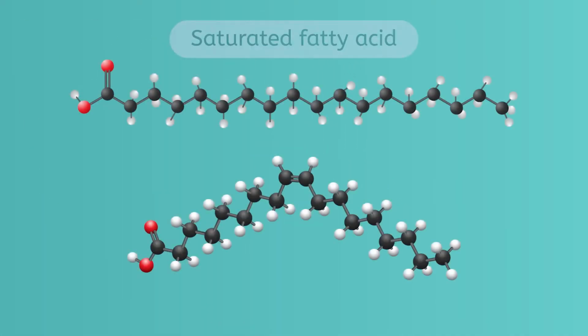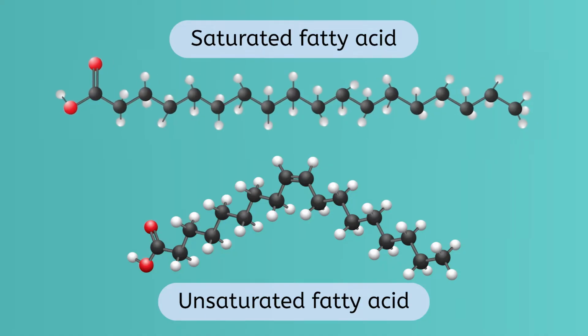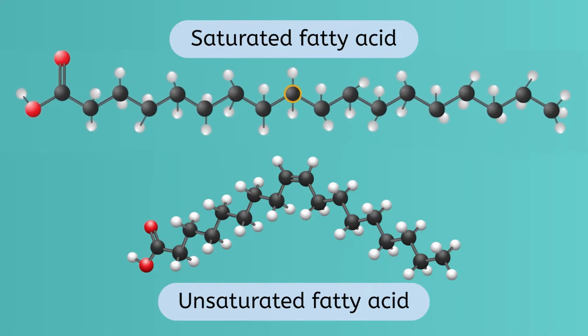Let's look at some fatty acids in more detail. Here are two different fatty acid chains: a saturated fatty acid and an unsaturated fatty acid. In the saturated fatty acid, all of the carbon atoms are connected by single bonds. Remember that carbon atoms participate in 4 shared electron pairs.